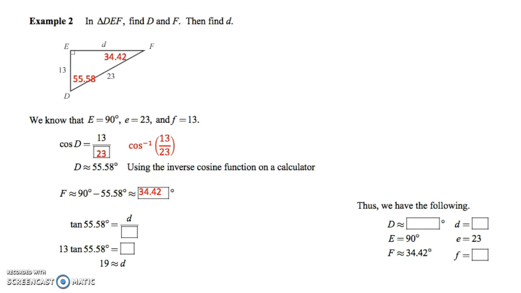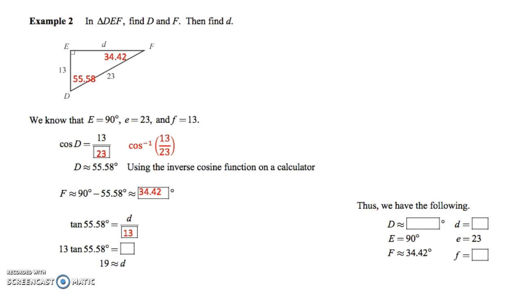Now we can use tangent of 55.58 degrees, or you could use the viewpoint of angle F. It does not matter which way. There's multiple ways to approach these. So from the viewpoint of angle D, using tangent as opposite over adjacent, we have the tangent of 55.58 degrees is equal to opposite of D over adjacent of 13.